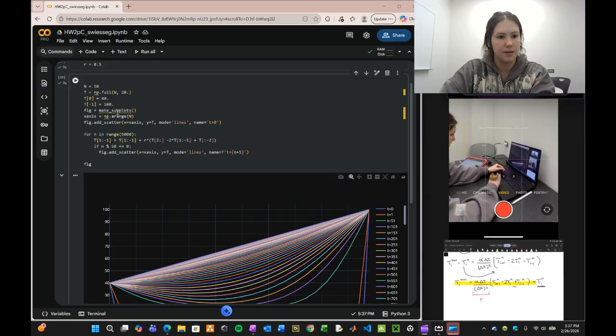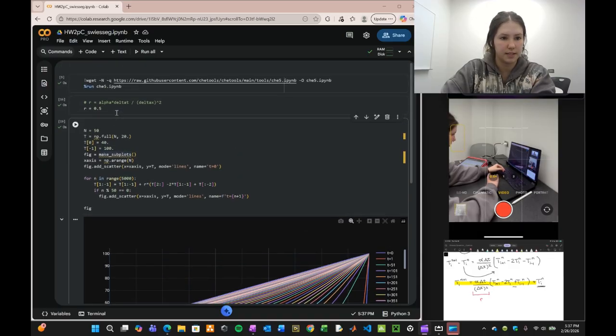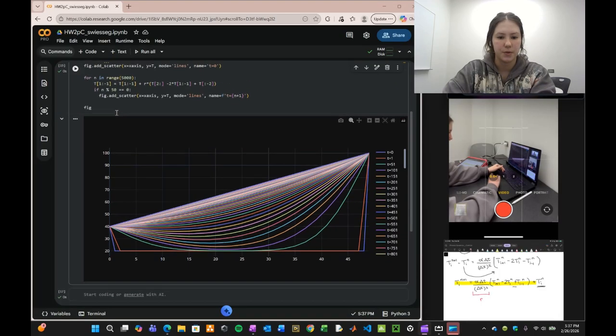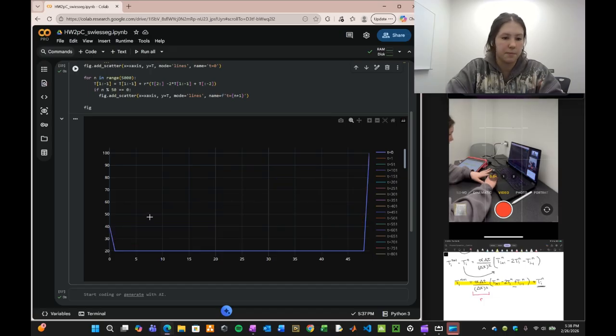Right, so now that this is corrected and everything looks how it's supposed to look, we can see here the temperature profiles across all 50 sections across this bar at different times. So we can look at T equals 0.